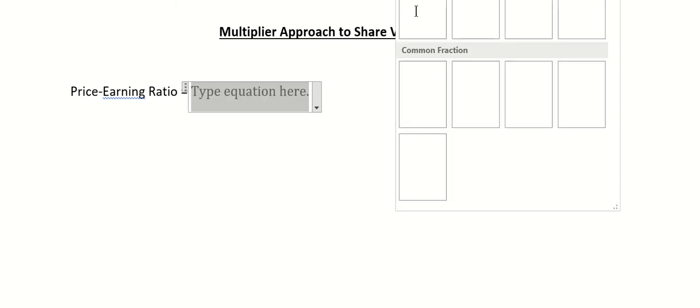So in very simple terms, we calculate price earning ratio, and with the help of price earning ratio we calculate the share prices. So the formula for price earning ratio is share price divided by earning per share.